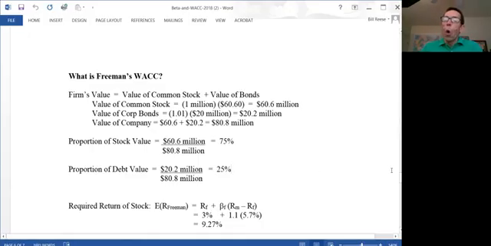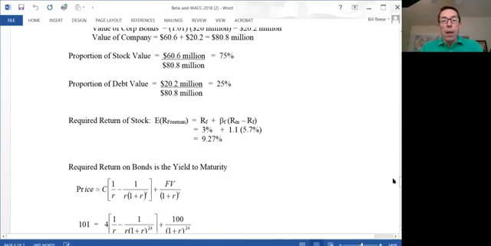Now, what's the required rate of return on the stock? For the capital asset pricing model, we already said that the risk-free rate was 3%. We said that the market risk premium was 5.7%. Freeman is a little bit riskier than your average stock with a beta of 1.1, so it should get a little bit more than the average risk premium.